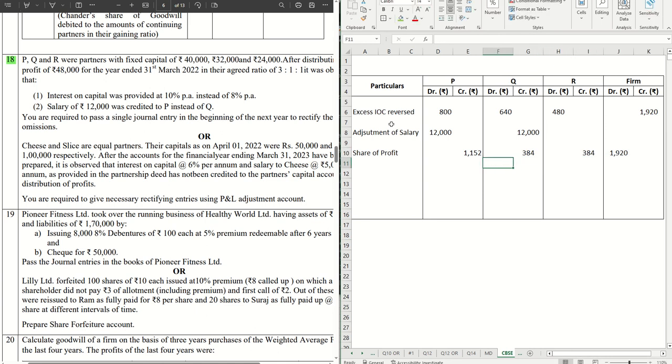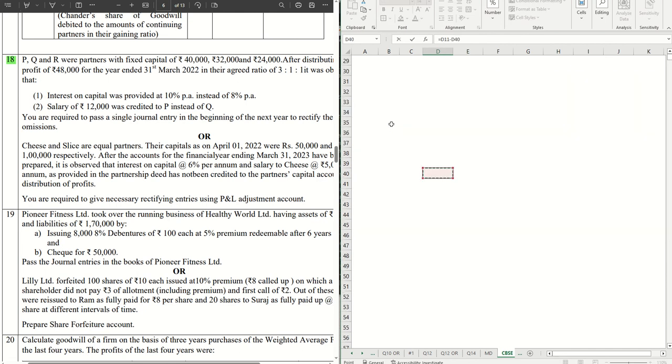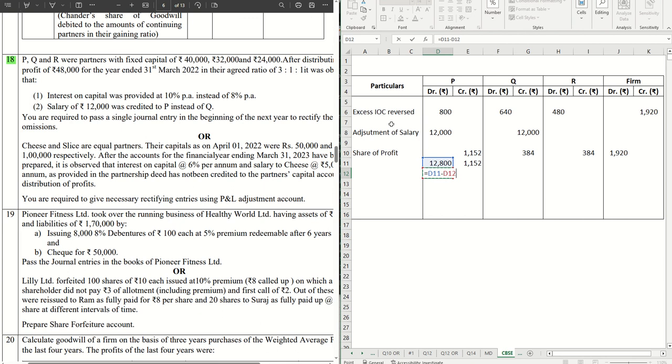The ratio is the same, right? So we are done with all the adjustments. Let's calculate the net impact that we have for both of them. We have to do the calculation and find the difference for each of these partners so that we get to understand what adjustment is to be done, right?